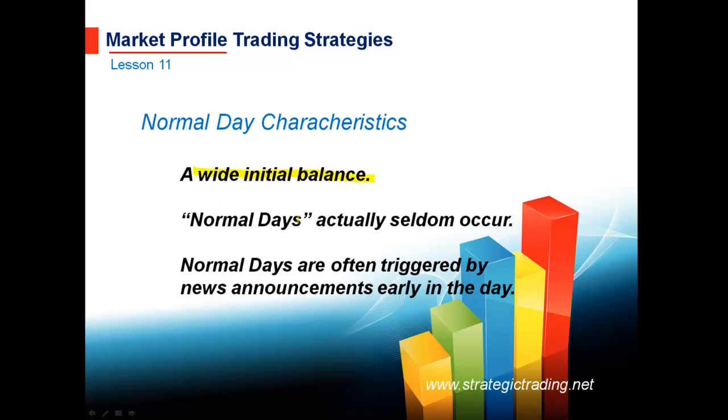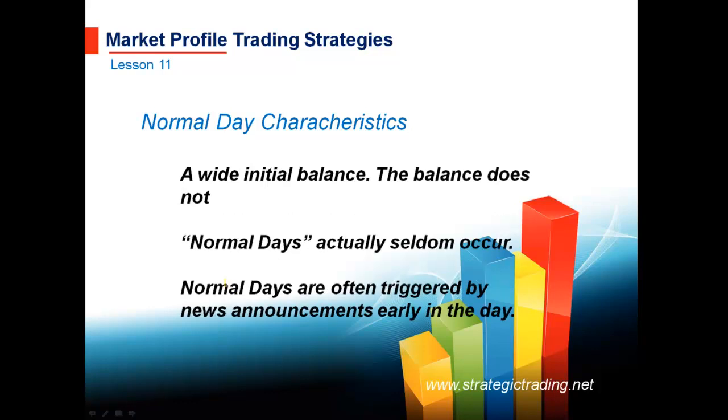So to some extent, it begins to look like a directional day. Normal days, again, actually are not all that normal and don't occur all that frequently. And normal days are always triggered by news announcements or changes that happen suddenly in the market. So we will get a wide initial balance.